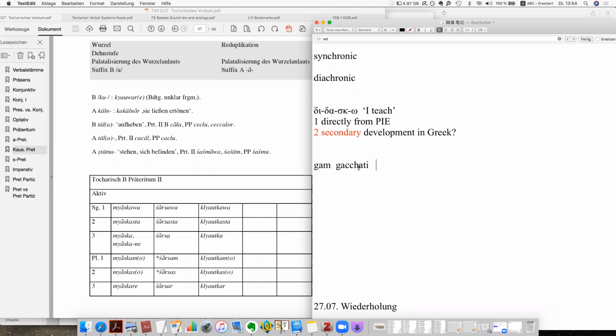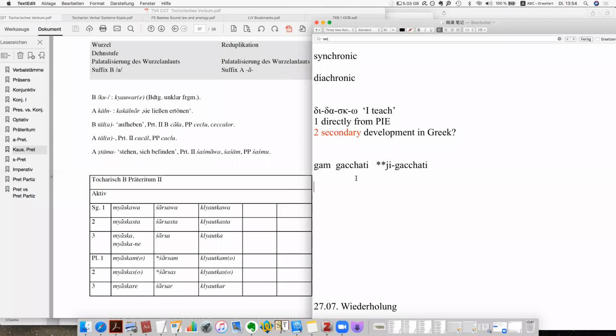Has anyone seen a form like gagacchati in Sanskrit? No, there's nothing like gagacchati, right? For the present, it's really weird. There's nothing like this form. You have gacchati only, right?